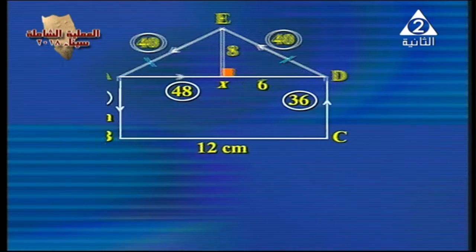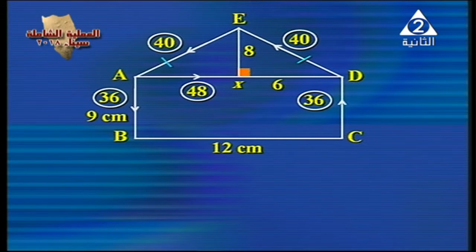Solution. Look at rectangle ABCD. We have triangle ADE, an isosceles triangle drawn on its base AD. Look at the force 40 acting on DE and force 40 acting on EA. Also, we have two forces 36 and 36 acting on CD and AB.